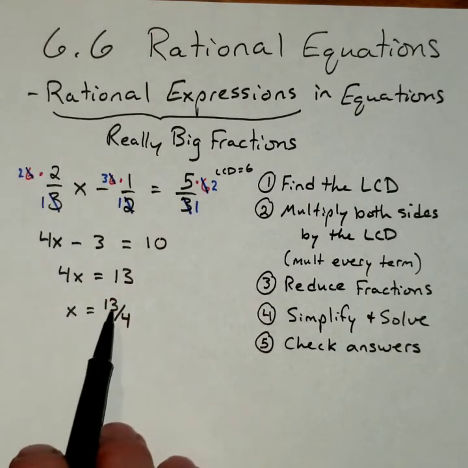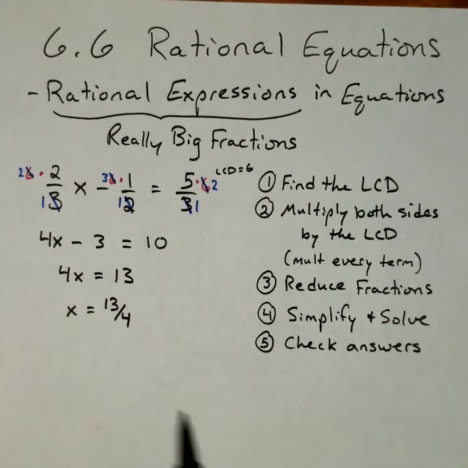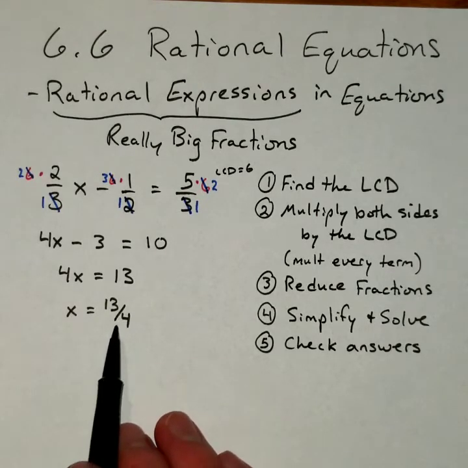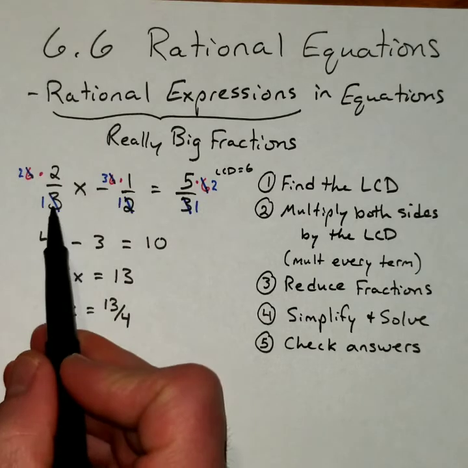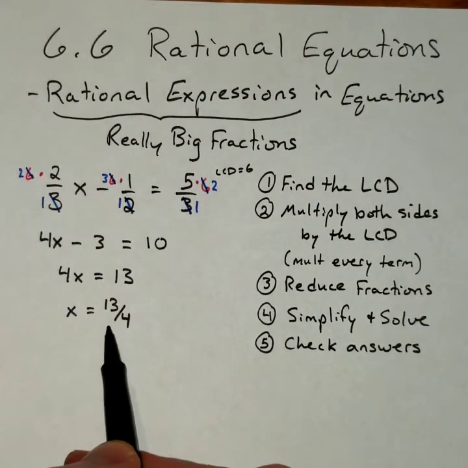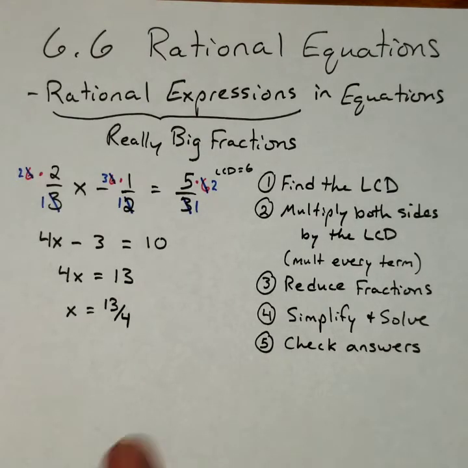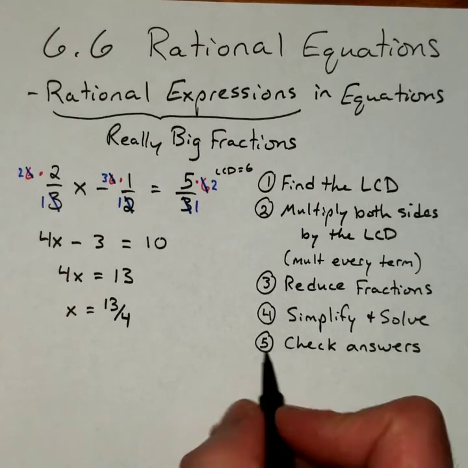As long as I did this correctly, that'll be the right answer. But what I'm really looking for in this case is not that I did the work right. It's that I don't find an answer that makes it 0 in a denominator. Remember, if you divide by 0, you get an undefined value. Here I don't have any x's in the denominator to plug this back into, so we're going to be okay. But in a couple examples I'll show you why this is going to be important, so I'm going to keep it on the list for right now.